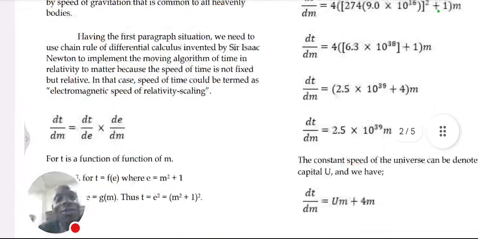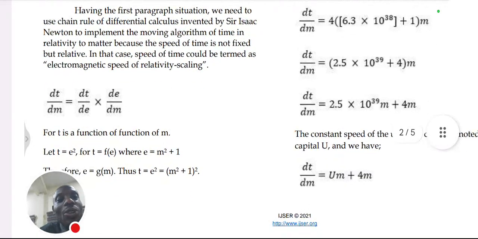Okay, so now having the first paragraph situation, we need to use the chain rule of differential calculus invented by Sir Isaac Newton to implement the moving algorithm of time in relativity to matter, because the speed of time is not fixed but relative rather.